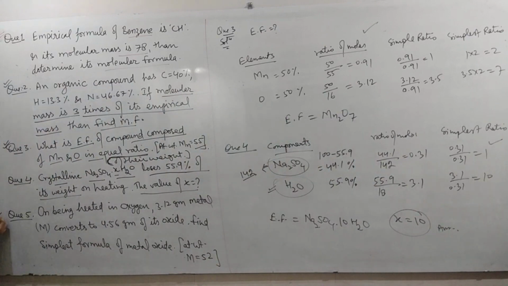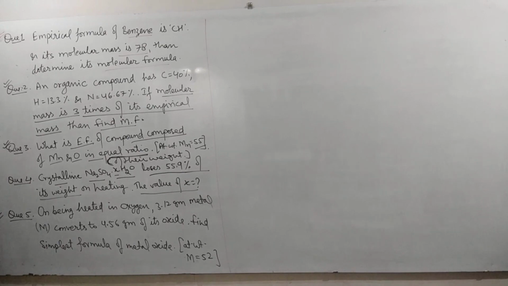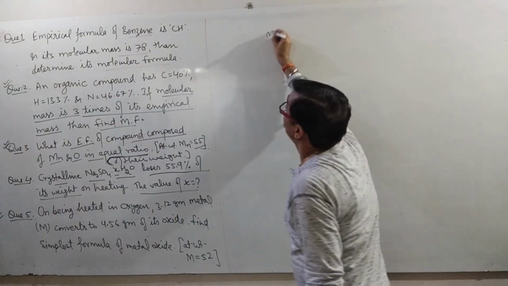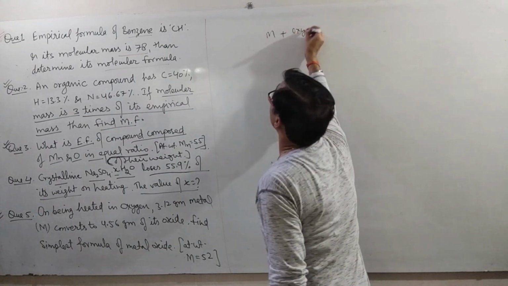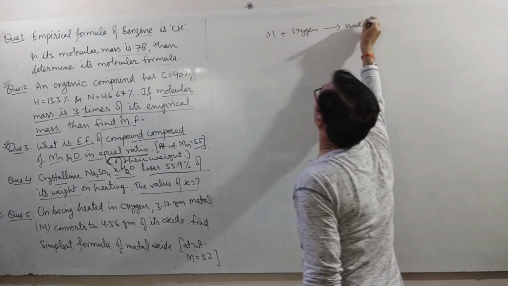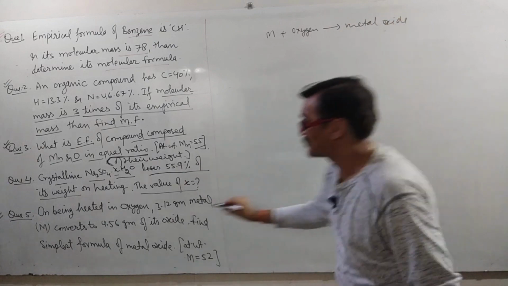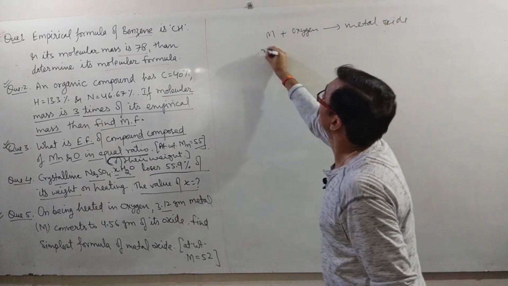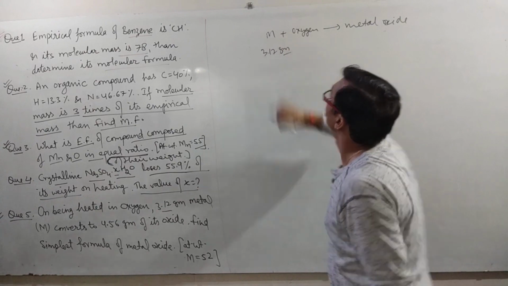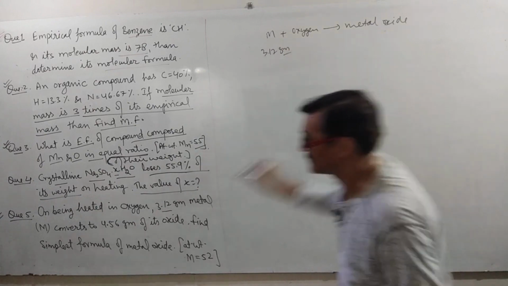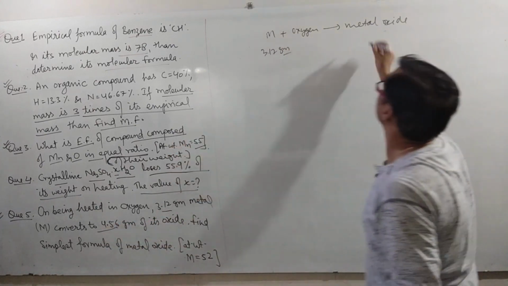And in question number 5, a metal reacts with oxygen to form a metal oxide. Here the mass of metal is 3.12 gram and the mass of metal oxide is 4.56 gram.